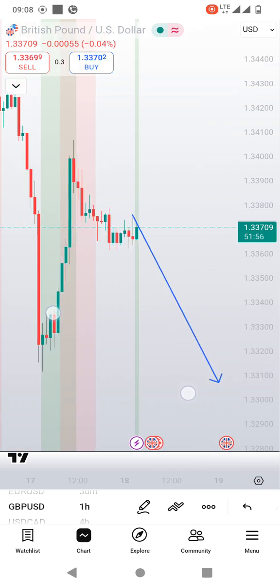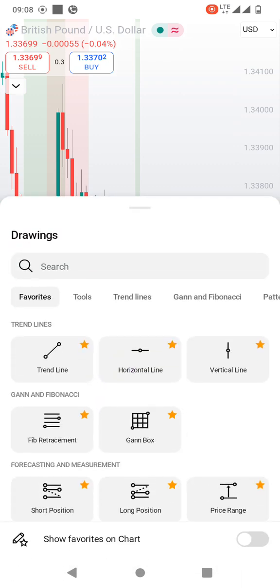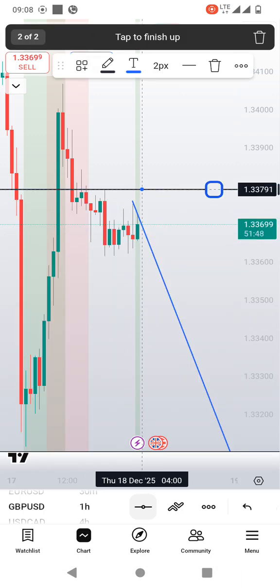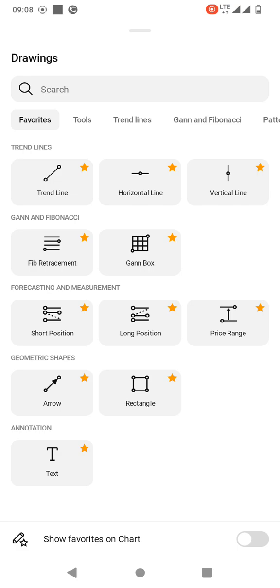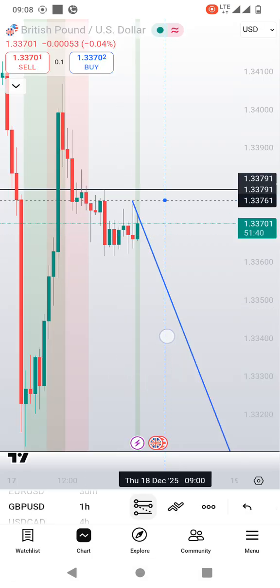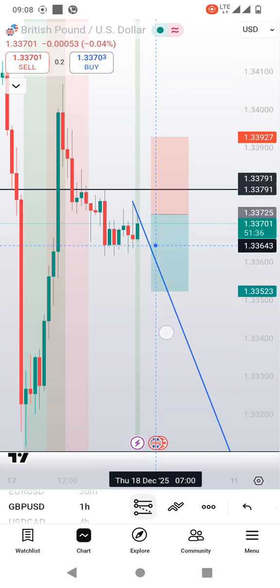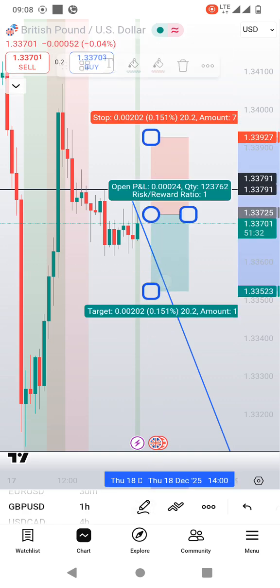Now you might want to ask about your stop loss. If you're going to set your stop loss, let it be above this candlestick. Let me set that for you using the proper tool, this short position. So this is what I'm going to be having, something like this.